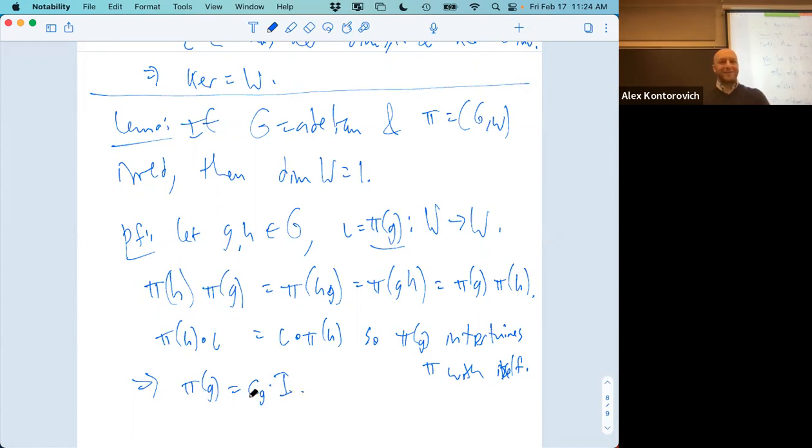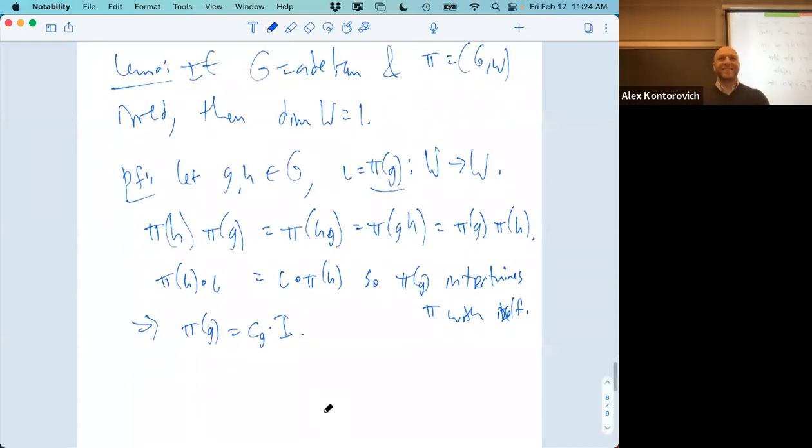Well, this has a kernel. Any vector v in W is invariant under G because it just gets multiplied by some element. It stays in the same direction.